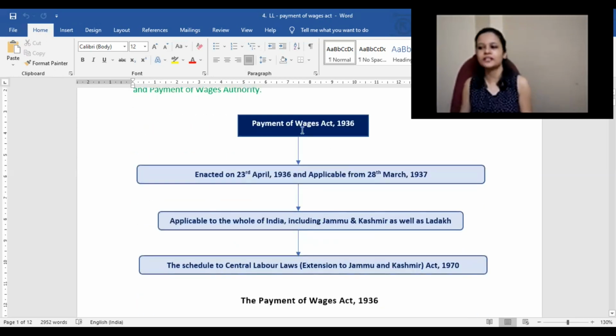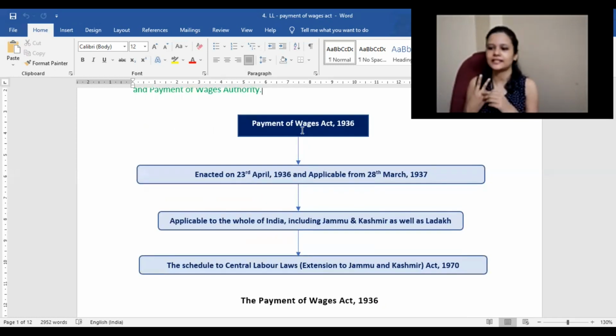Okay, so the Payment of Wages Act. For any legislation, two dates are important: when it was enacted, and when it became applicable. For this legislation, the date of enactment is 23rd of April, and it became applicable from 28th of March 1937, almost a year later. Why?